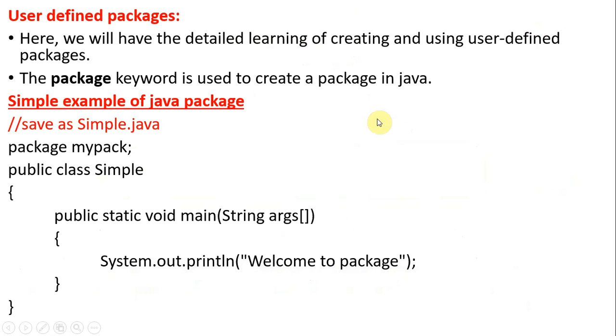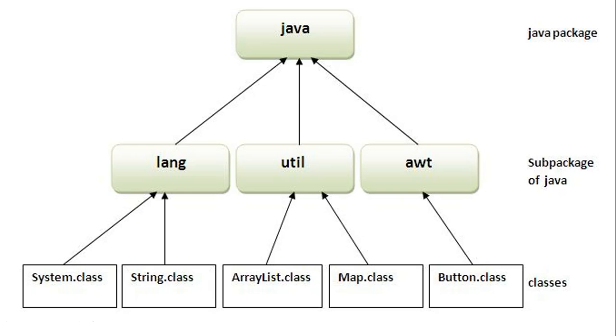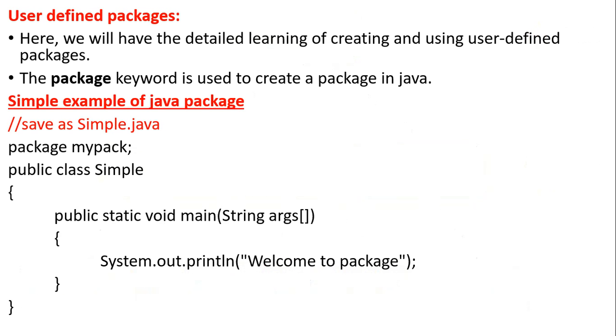Now in this particular video we are going to learn about user-defined packages. Predefined ones we already have, and whenever the requirement arises we will discuss what lang, util and AWT are. Now the concept is creating user-defined packages. To create a class we need the class keyword, to extend a class we need the extends keyword, and to restrict inheritance we need the final keyword, like that.